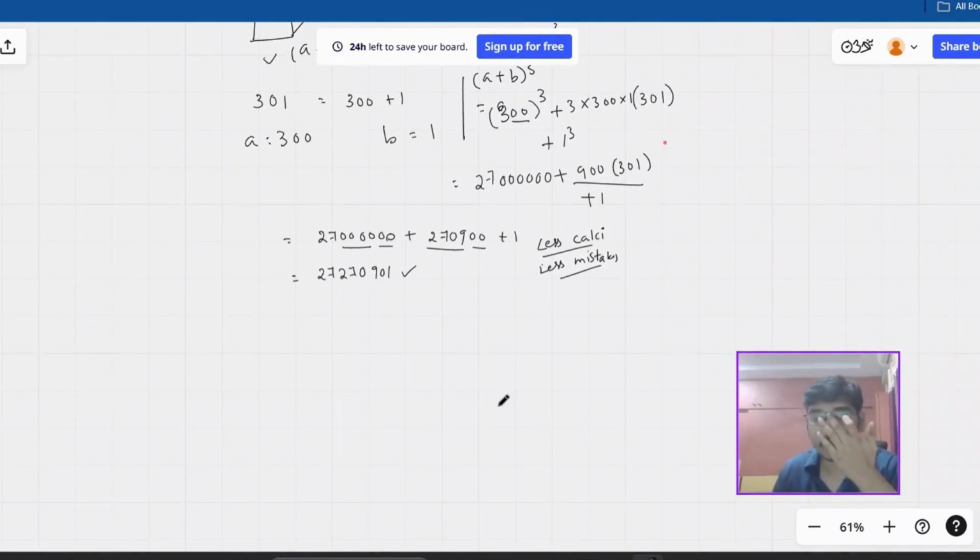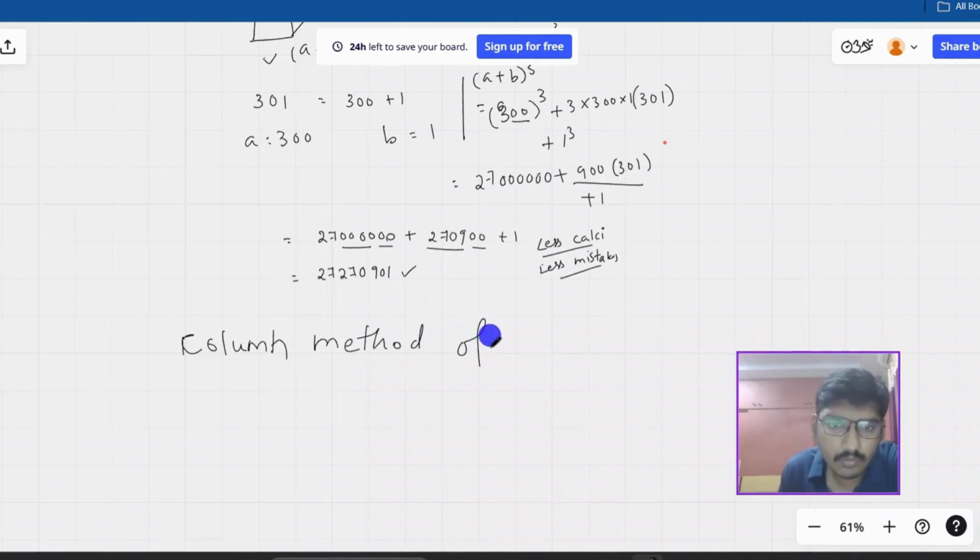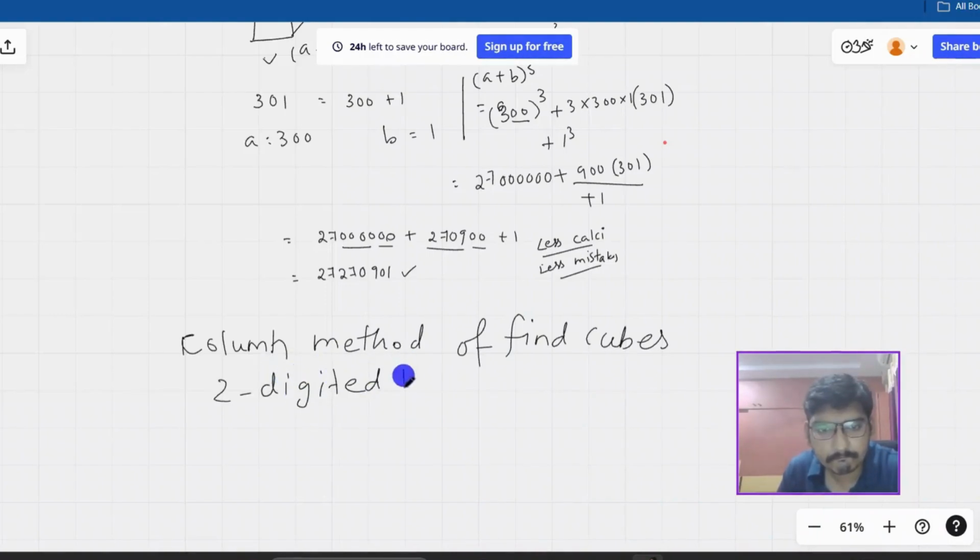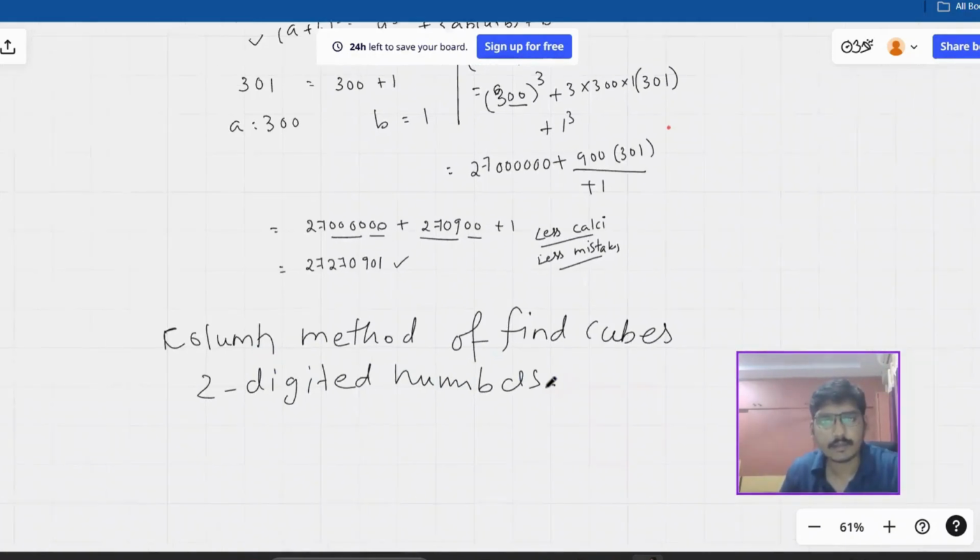This method is called the column method of finding cubes, and this method is only used for 2-digit numbers. Right? Let's check.